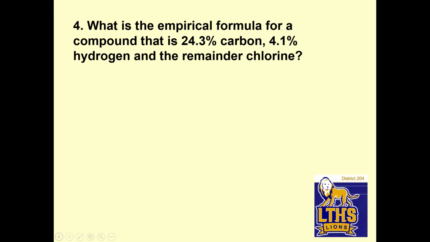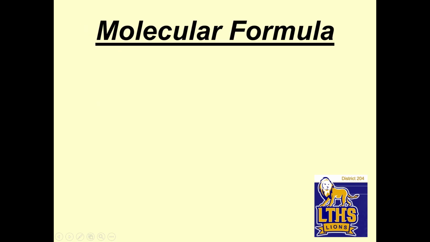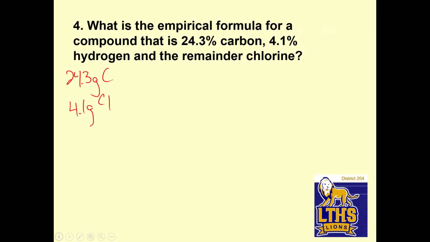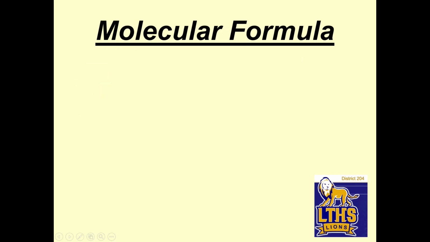Okay. Empirical formula for a compound that is 24.3% carbon. So I'm going to start with 24.3. I'm going to assume a 100 gram sample. 24.3 grams of carbon, 4.1 grams of hydrogen, and the rest chlorine.